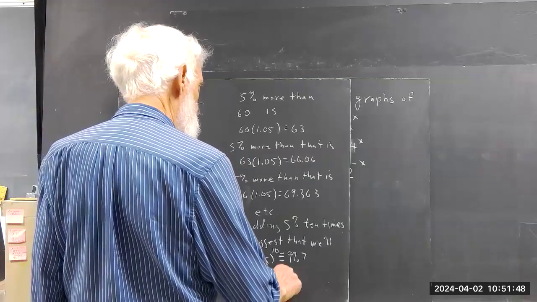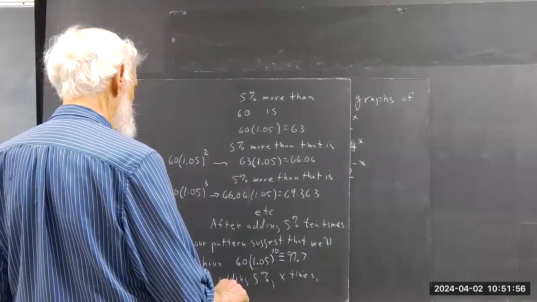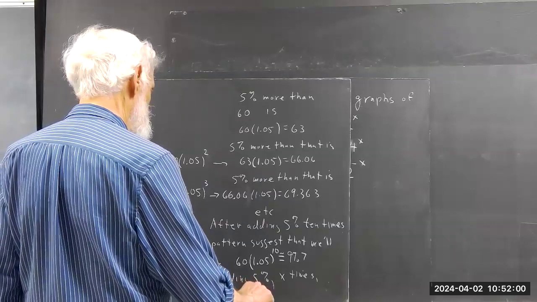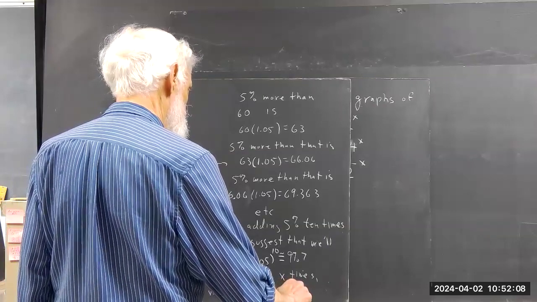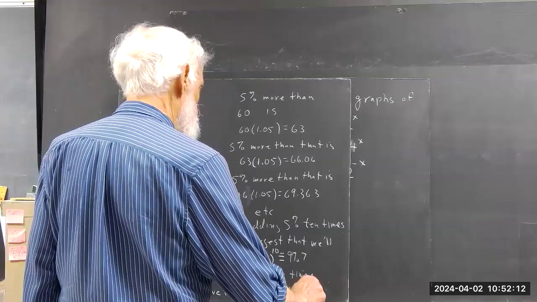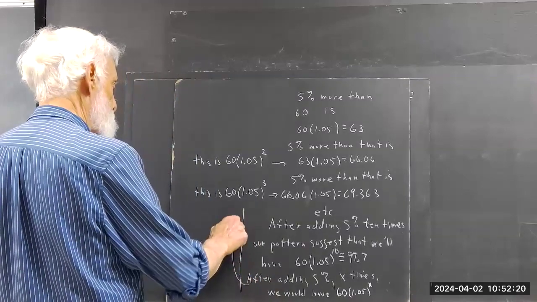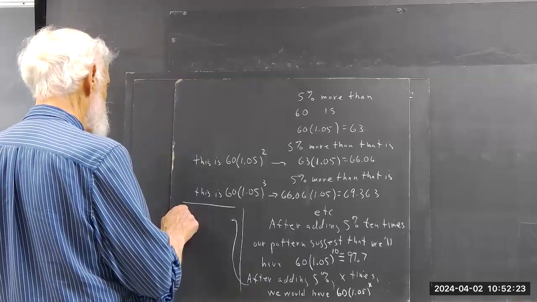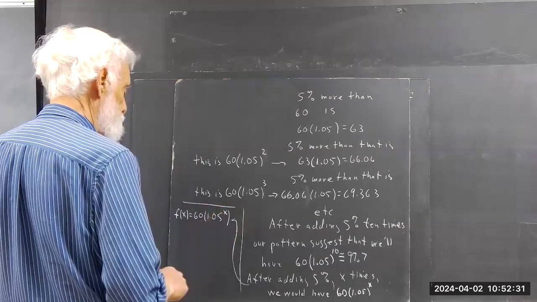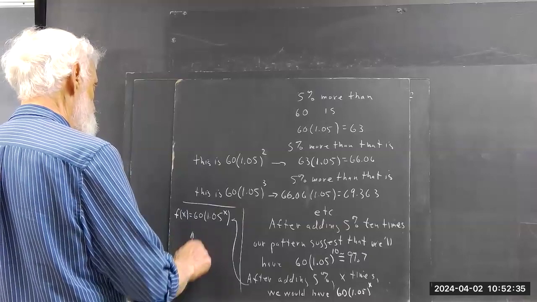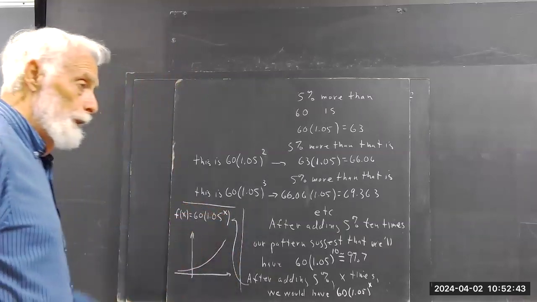After adding 5% X times, we have 60 times 1.05 to the X. So that gives us a function f of X equals 60 times 1.05 to the X. Now, 1.05 to the X just has your familiar exponential shape.